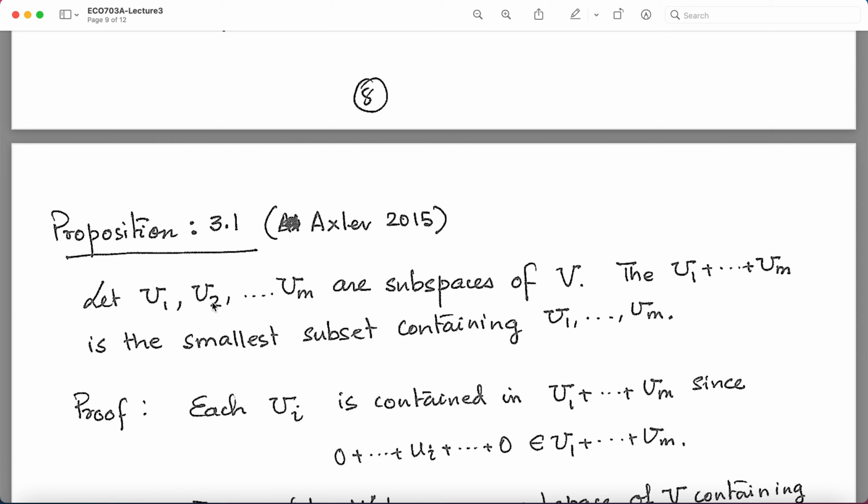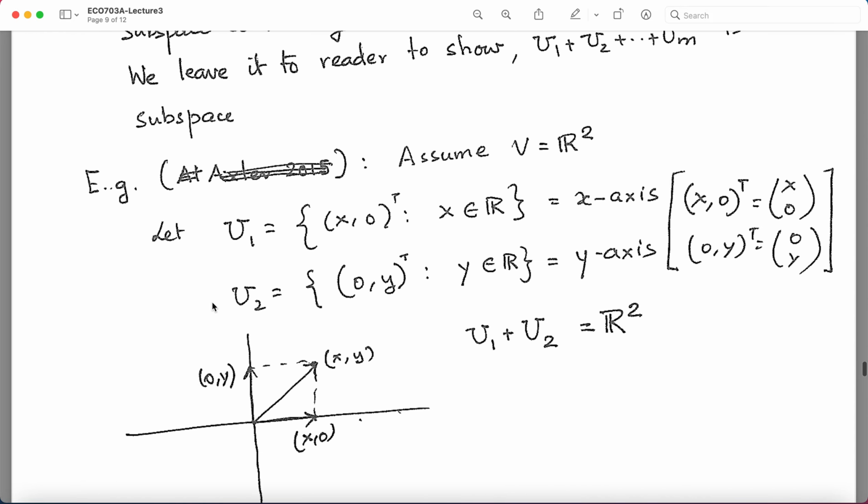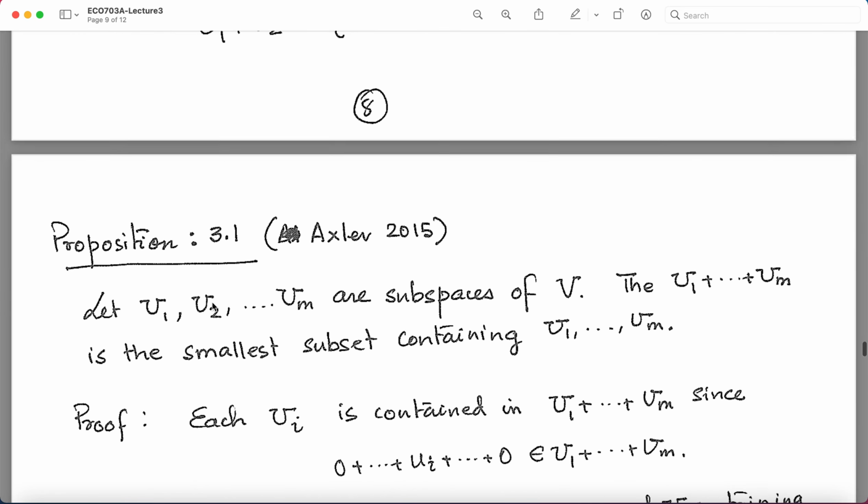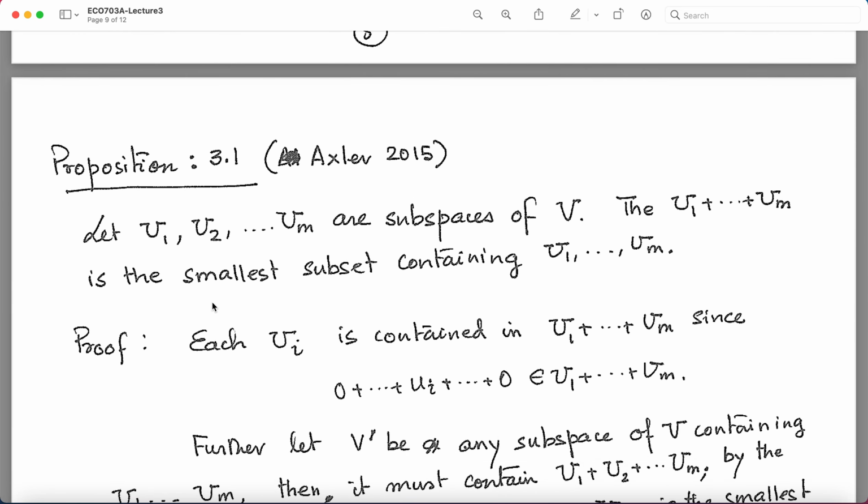So, let U1, U2, ..., UM be subspaces of V, then U1 plus ... plus UM is the smallest subspace containing U1, U2, ..., UM. The proof is pretty simple. Each of these Ui is contained in this set, because since each of these Ui are subspaces, zeros are elements there.